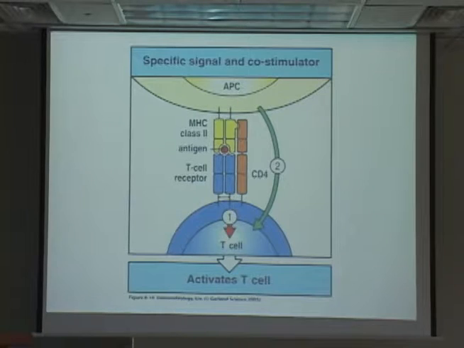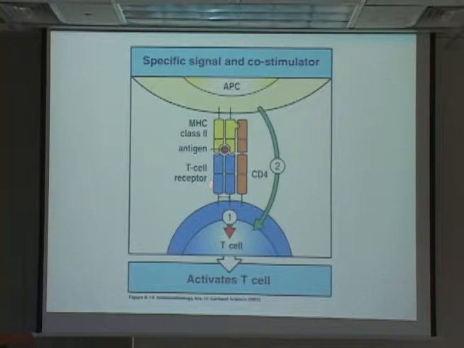Now, you've probably heard that these molecules actually function by having binding affinity for monomorphic epitopes on class 1 and class 2 molecules. So CD4 will bind to a monomorphic epitope on the class 2 molecule, and that provides adhesive function and basically strengthens this interaction between the T cell receptor and MHC. And for CD8, it's the opposite. The CD8 molecule binds to epitopes on the class 1 molecule.